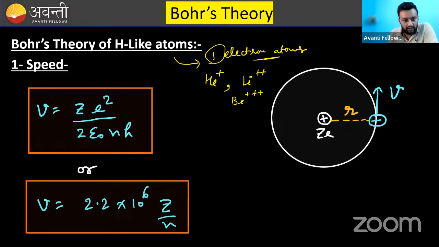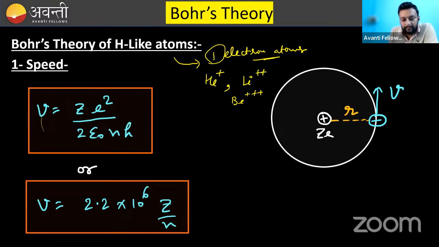the formula on your screen, Ze squared over 2 epsilon naught nh. You can remember this relation. There is nothing wrong. You are going to be participants of a competitive exam, so you can remember this relation.